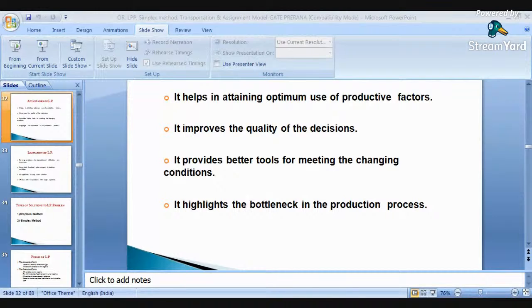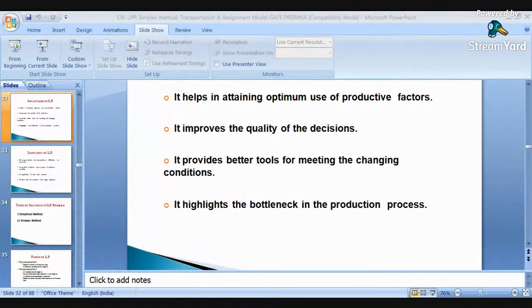When the decision variables are more than two, we always use the simplex method. In the simplex method, a slack variable is a variable added to a less than or equal to constraint to convert it to an equality constraint. It is called the slack variable, which represents the unused resources.